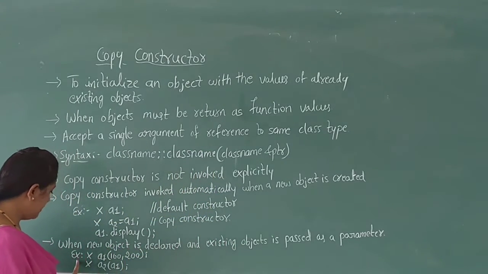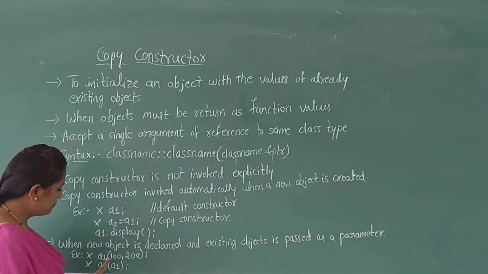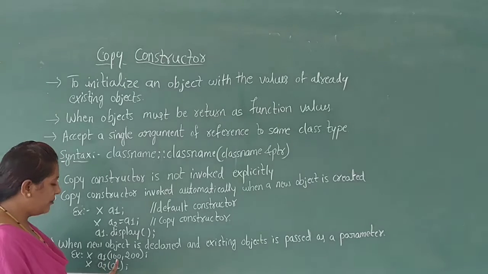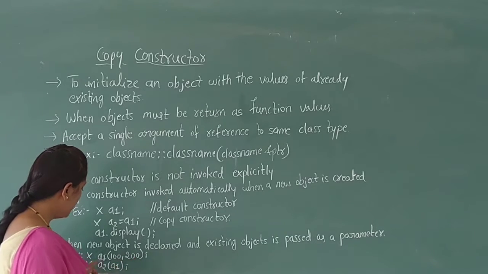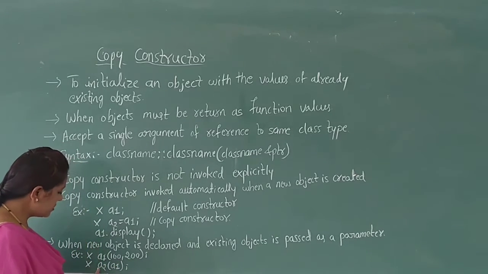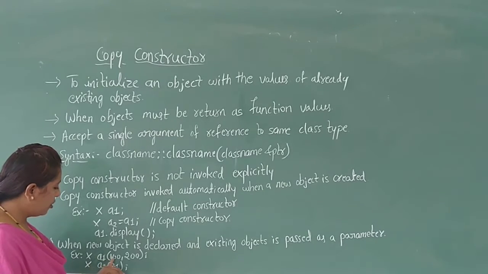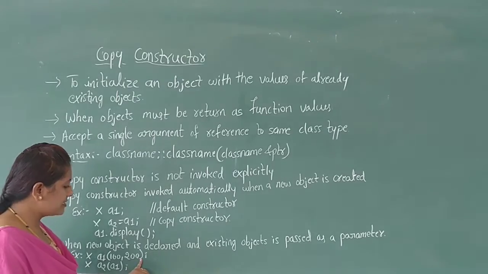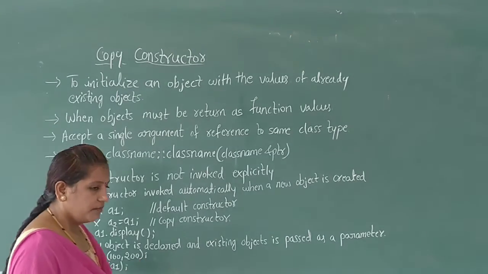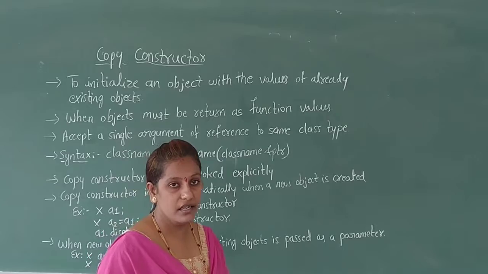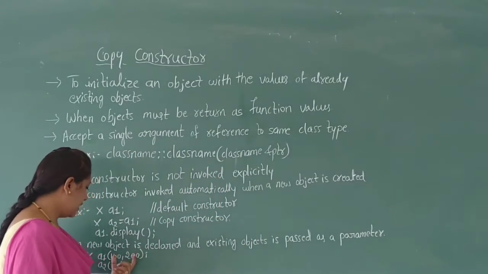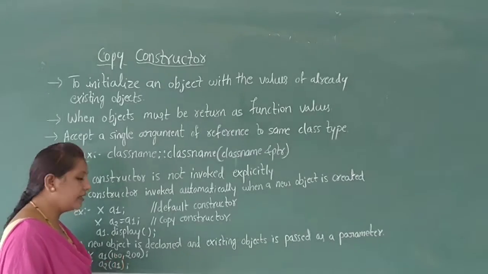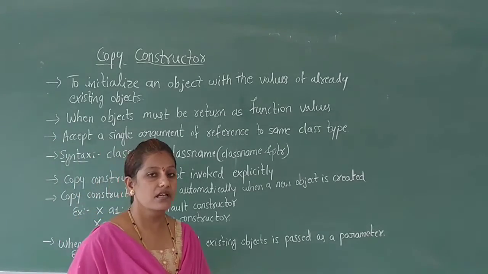See here in the example, x a1, in the parenthesis we have passed two argument values, 100 and 200, and the next, x a2 of a1. The first statement, x a1 of 100, 200, is called a parameterized constructor because a parameterized constructor exists with zero or more arguments. Here it contains two arguments, 100 and 200. Therefore, it is called a parameterized constructor.